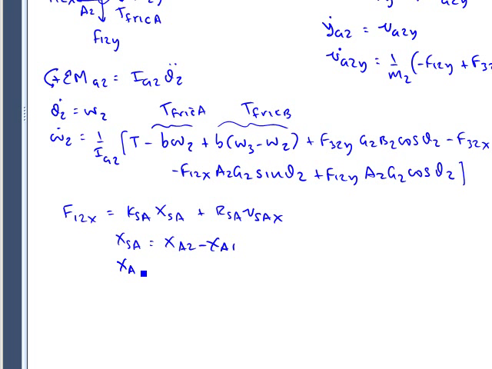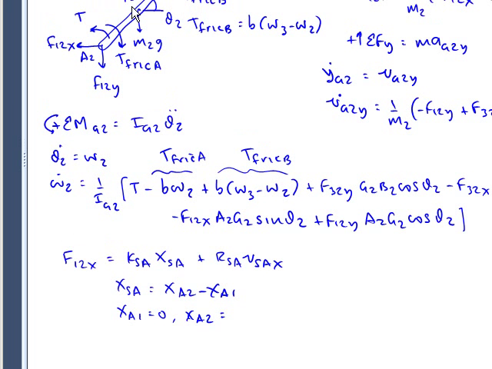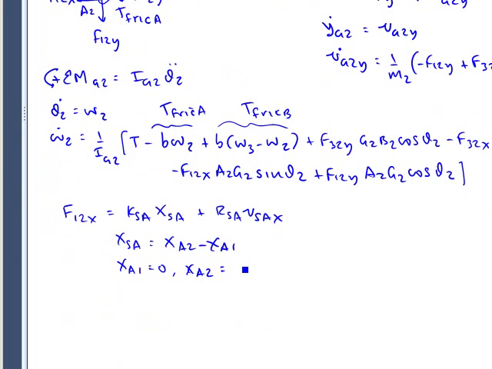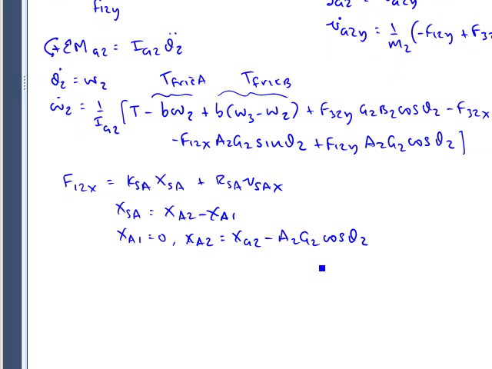And let's see, x_A1 is 0. x_A2, to get to A2 from the origin, I go over to G2 and I come back a little bit. So x_G2, which is a state variable, minus A2G2 cos theta 2.